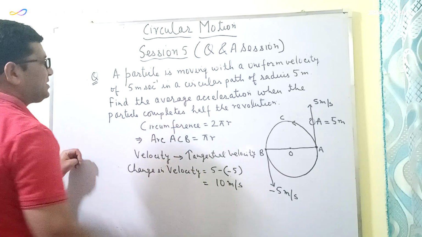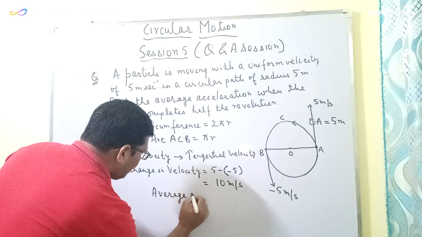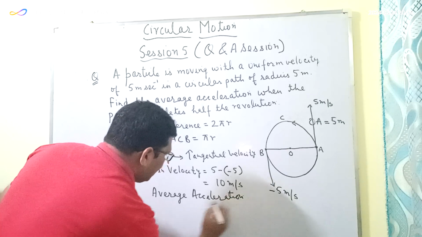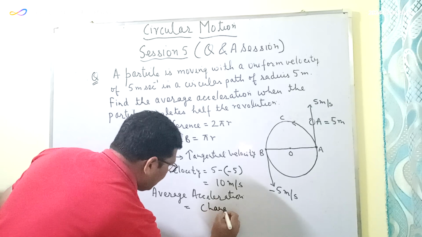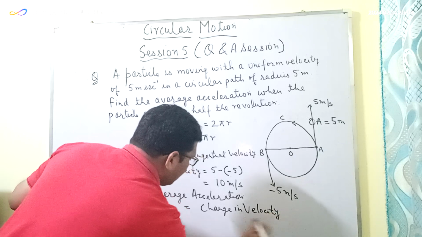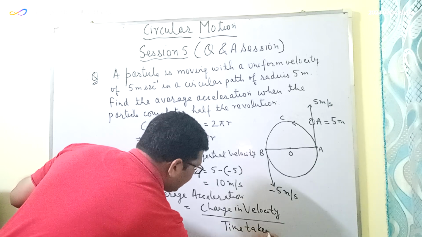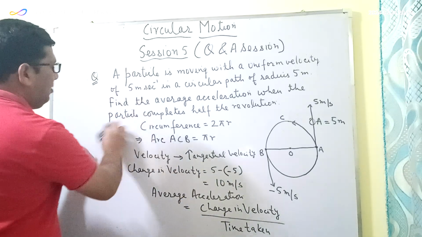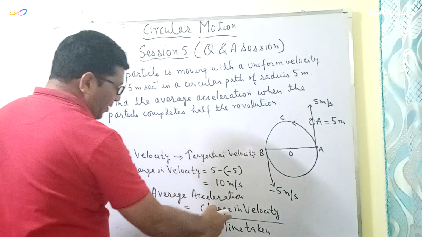Now we have to find the average acceleration. Average acceleration is equal to change in velocity divided by the time interval, or the time taken by this particle to reach from point A to point B. We have found the change in the velocity.